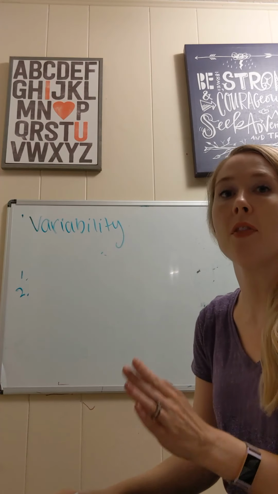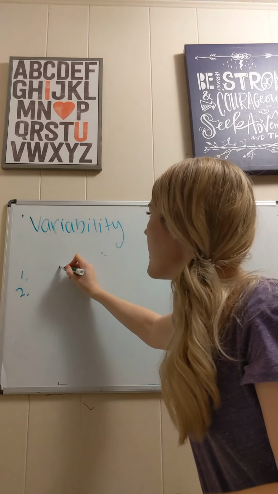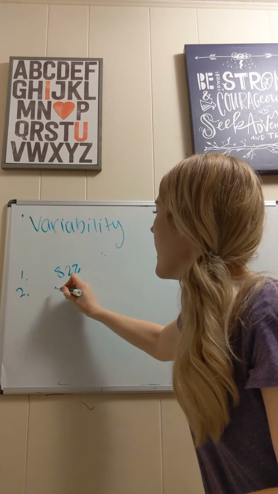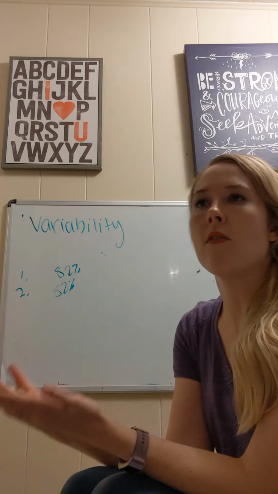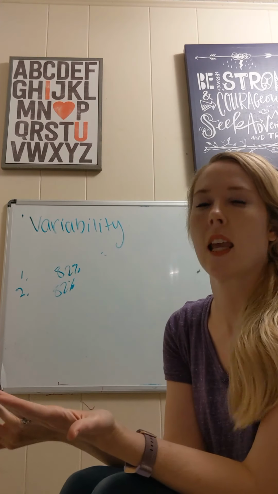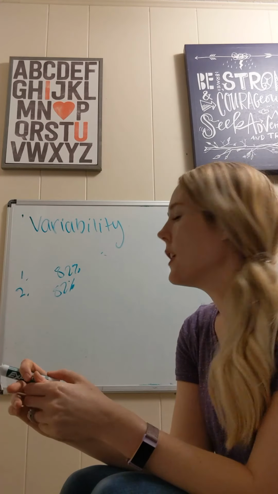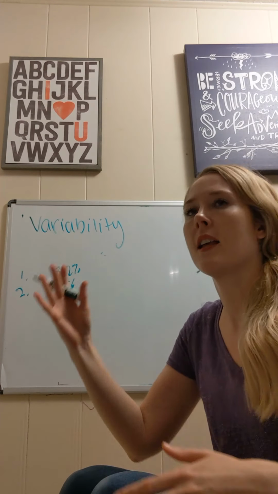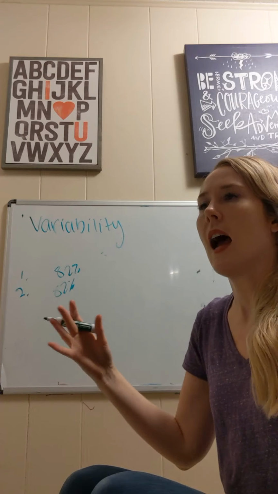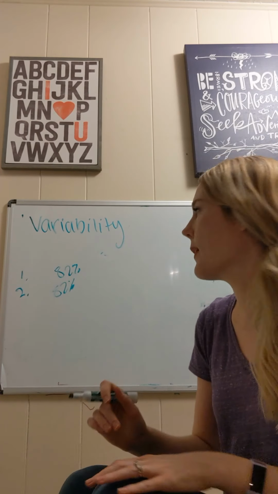If I just looked at the mean, let's say both of the averages were 82%. So right there, that would look like both of the classes are doing the same. But if I looked at the variability of the scores, meaning the highest and the lowest scores, how wide is that range? It might look a little different.